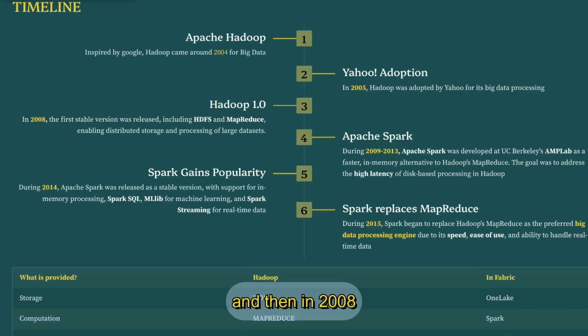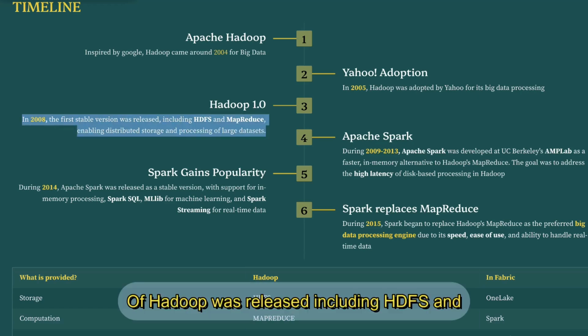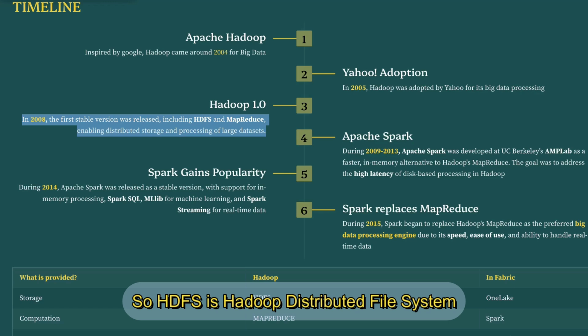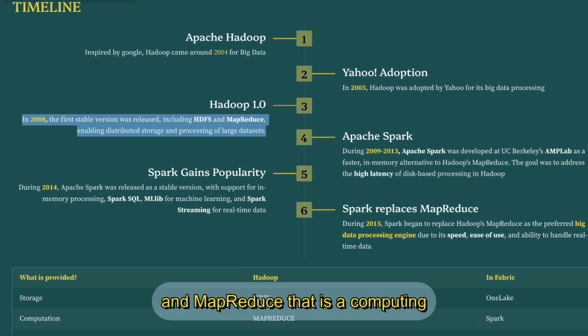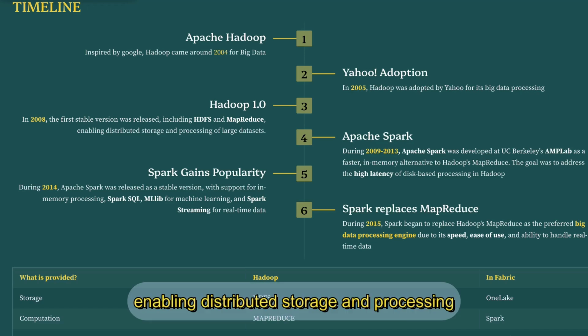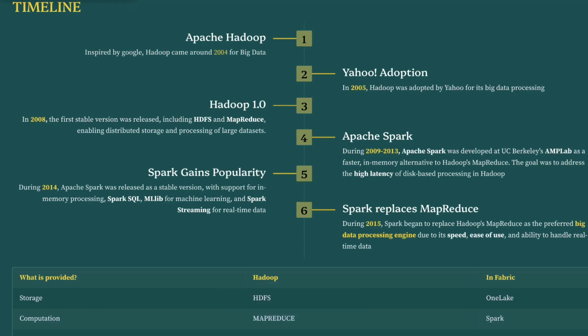And then in 2008, the first stable version of Hadoop was released, including HDFS and MapReduce. HDFS is Hadoop Distributed File System, and MapReduce is the computing system of Hadoop, enabling distributed storage and processing of large data sets, right?